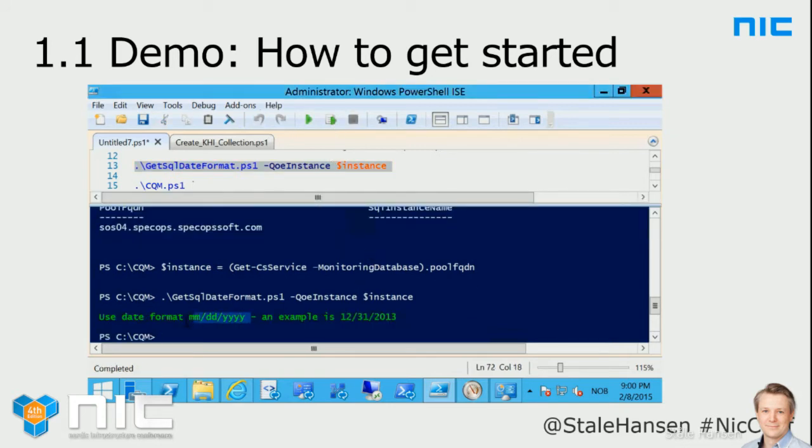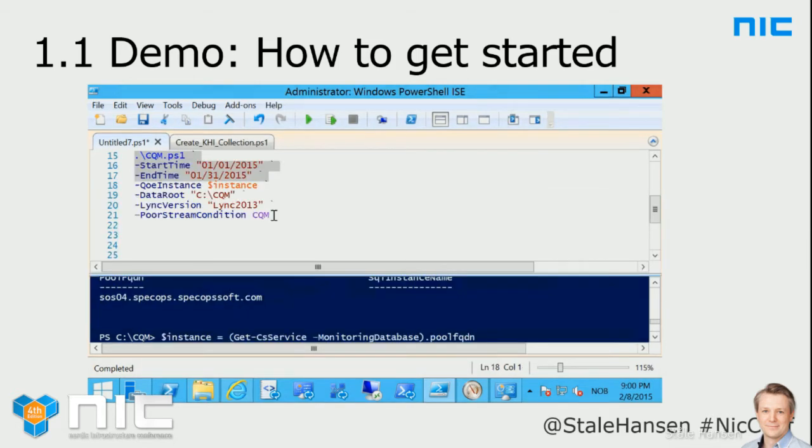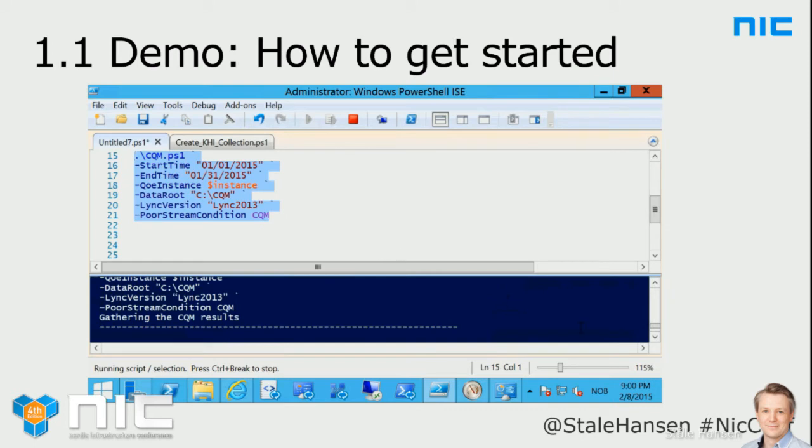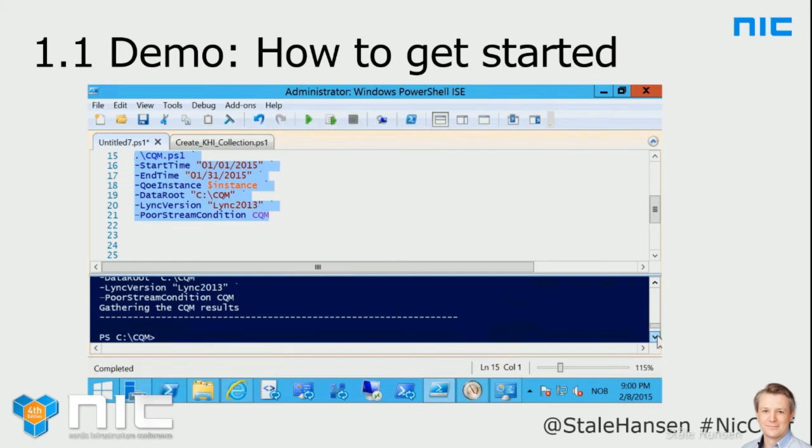And it gives us the correct format. And then we're ready to run the script. We have the entire information we need. We have the QA instance. We have the date format we want to publish this with. And we're done.